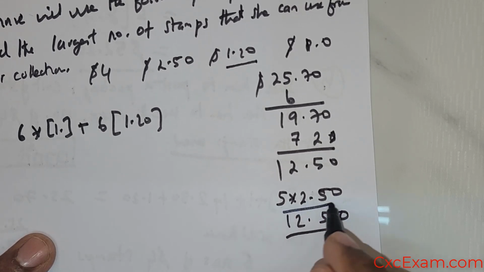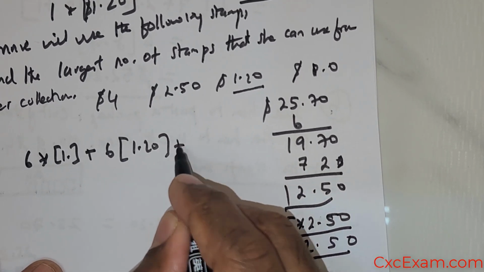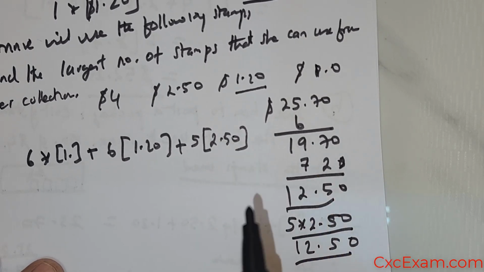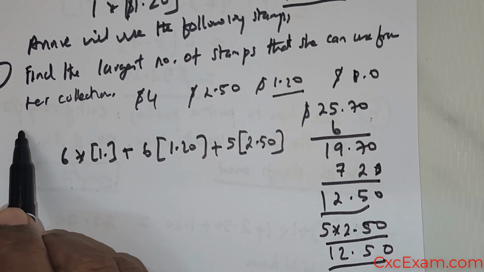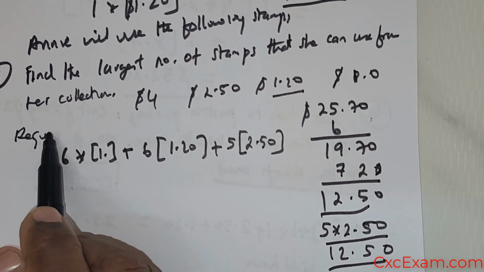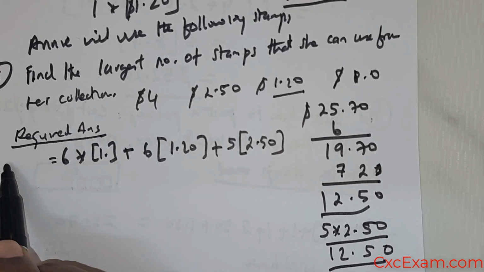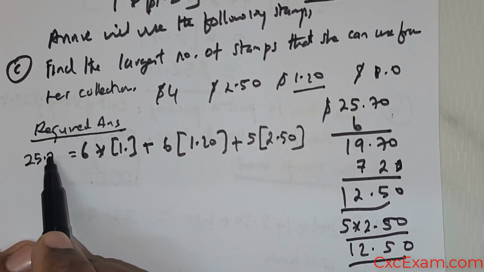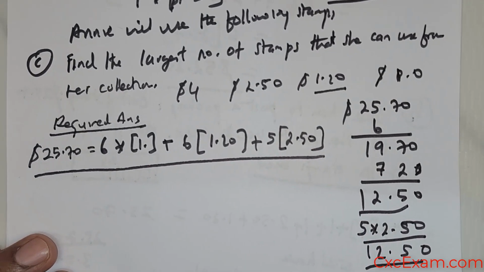Oh, we are hitting the required amount by using 5 of 2.50, right? So this would be the setup. Okay, required answer to reach 25.70. Okay, so that's the solution for this question.